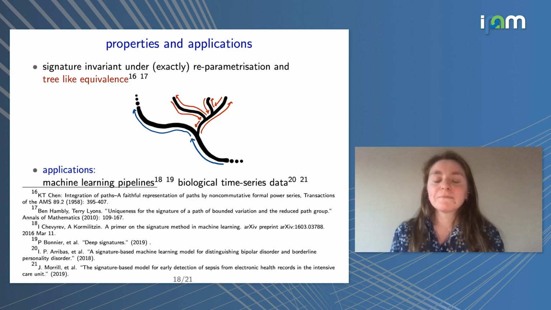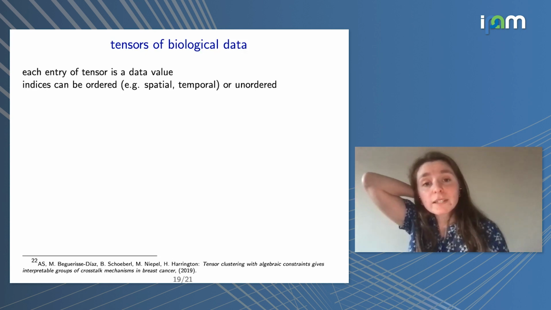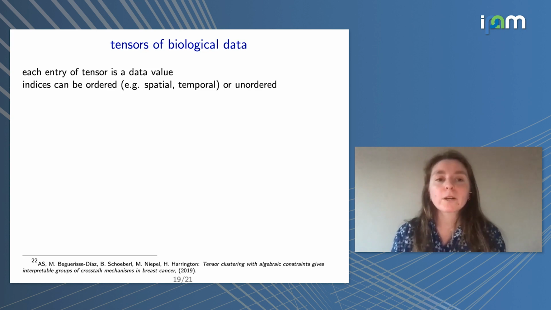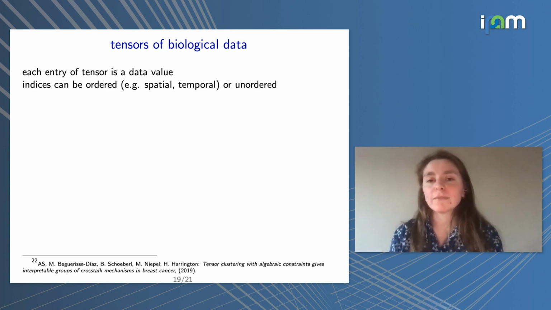And the third possibility is where we have each entry of our tensor representing some data value. Okay, so we have various indices, and they represent things that we're changing in an experiment, either independent or dependent variables.